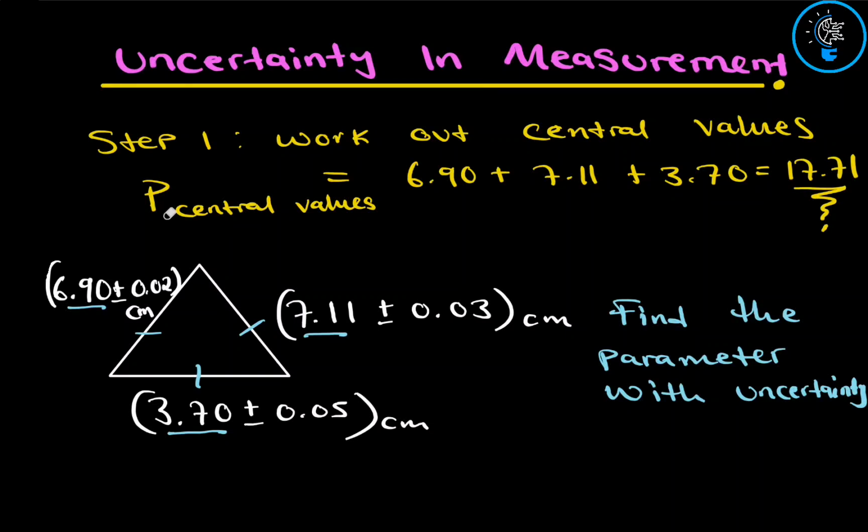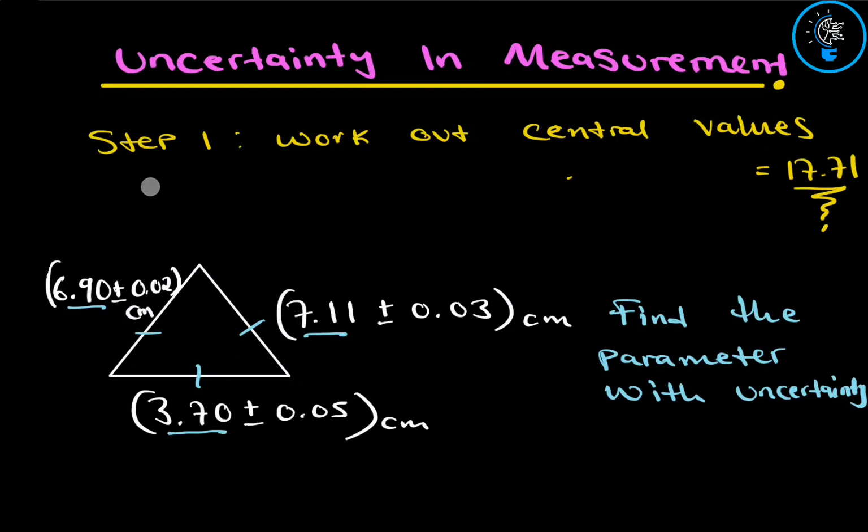Now your step 2 will be working out the uncertainties. To work out your uncertainties, we know that under addition and subtraction, remember parameter has to do with adding, we add the absolute values. And in this particular case, we are given absolute values.